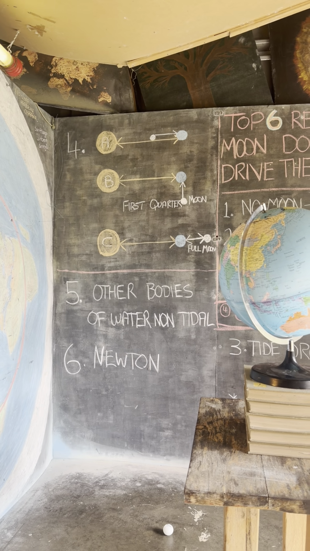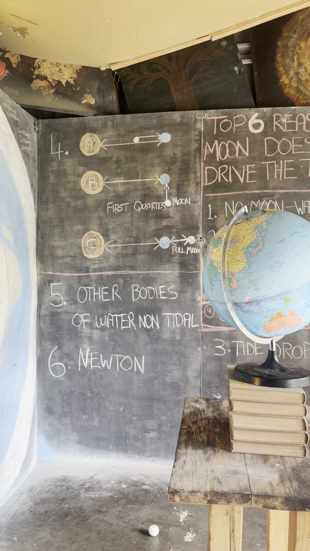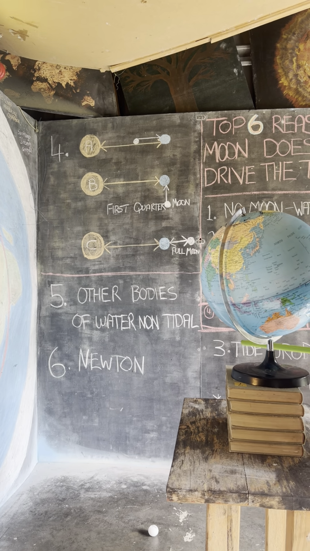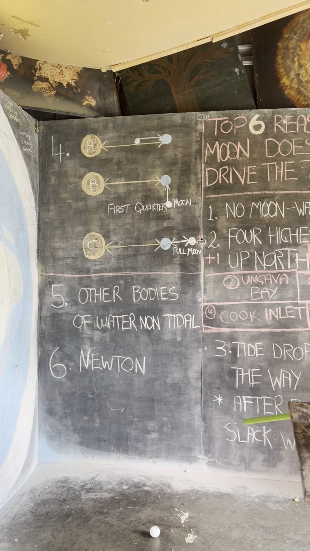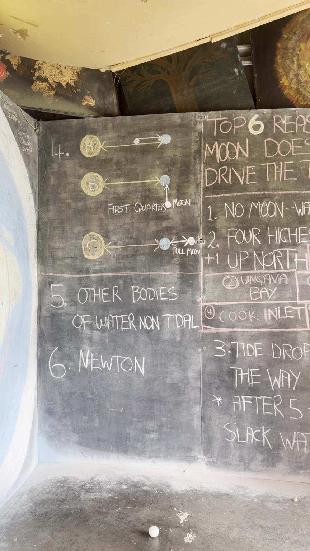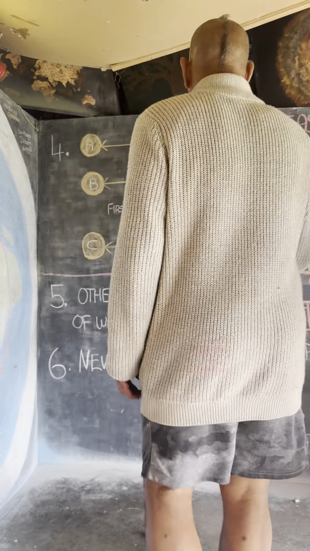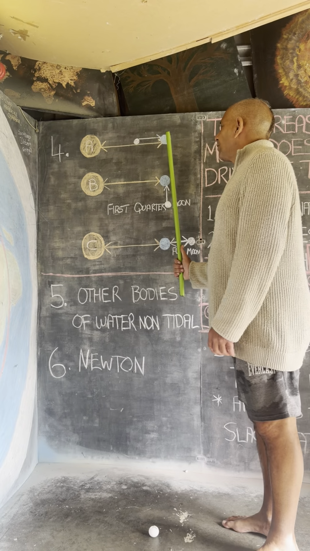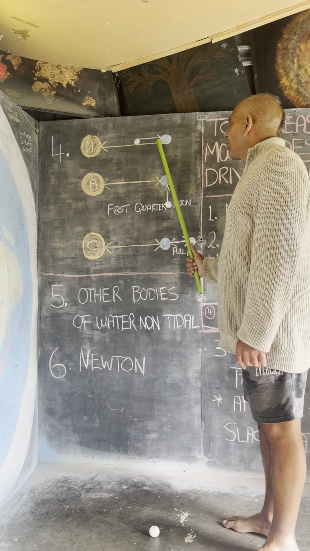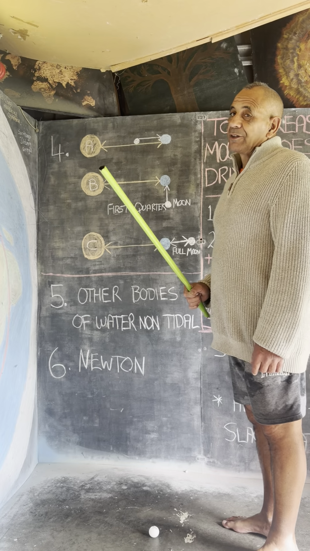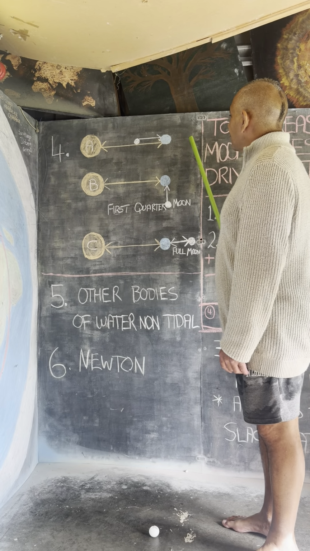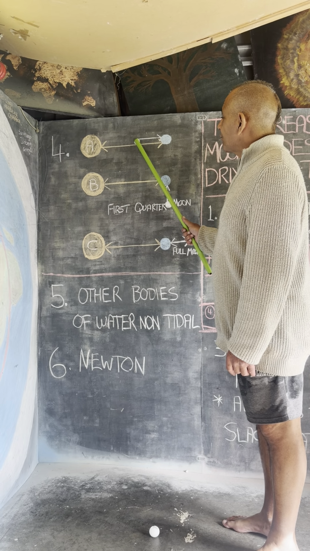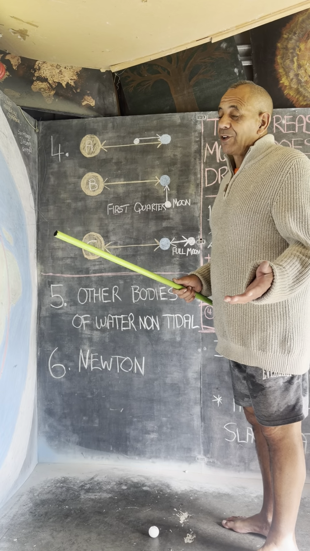Number 4. What is said? That A, we have the sun and the moon both on the same side, pulling on Earth's water, right? The new moon. So we don't see it because it's in front of the sun. Look, whatever.